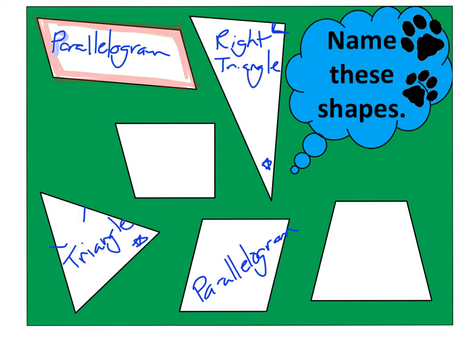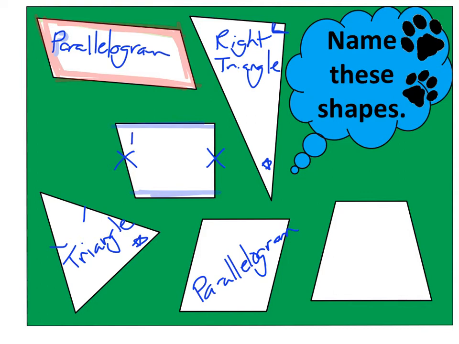And of course, next, we're going back to searching out the parallel sides. Now notice this side and this side are parallel, but this side and this side are not. Because there's only one set of parallel sides, that is officially called a trapezoid.